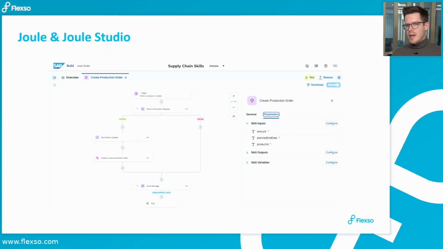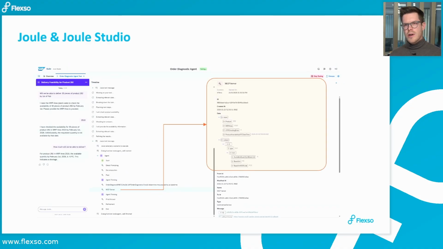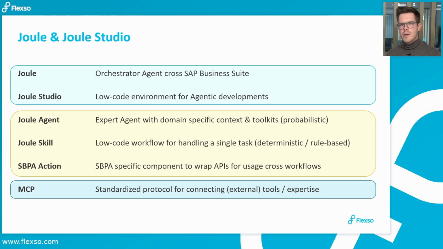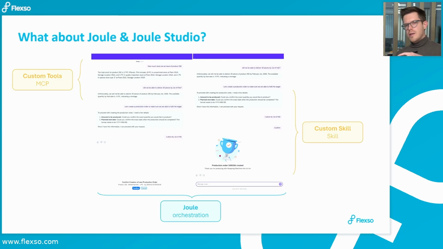That's when you say, okay, you need to provide this information now because we are in this step. And if you are at the end, you have a send message, and I think we saw it in our previous slide here. So we saw the card with just an icon saying the production order has been created. This is the send message building block that you can then provide some dynamic information, and then it provides the visual to you.